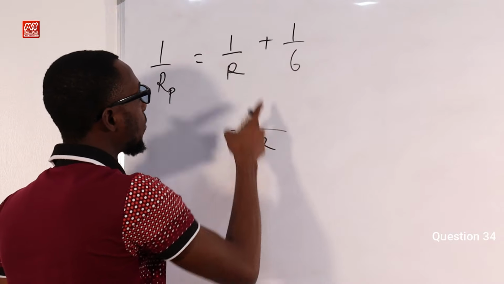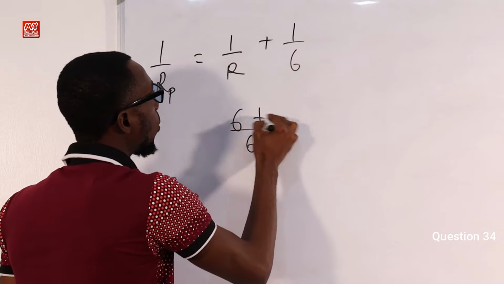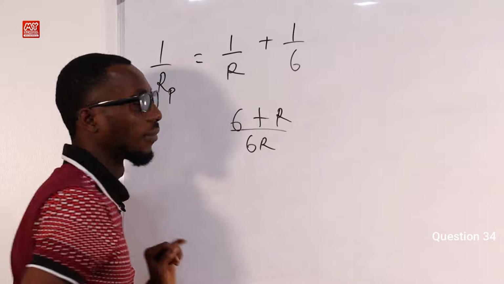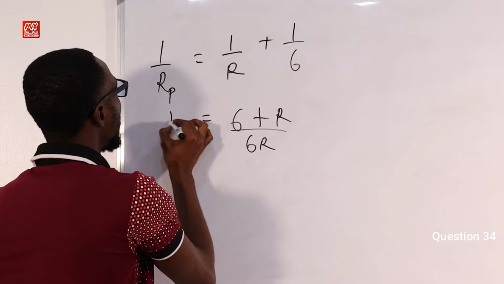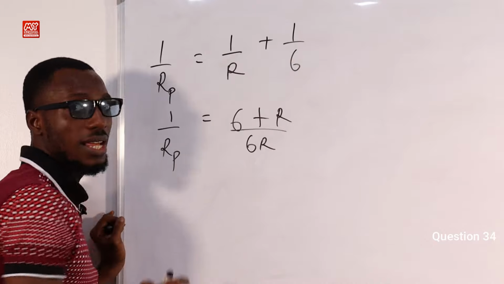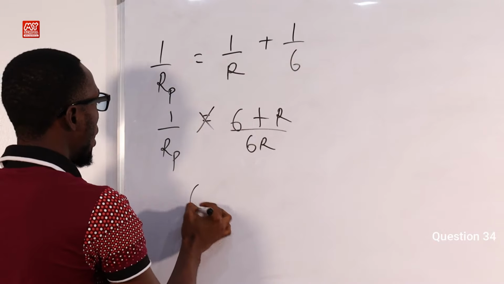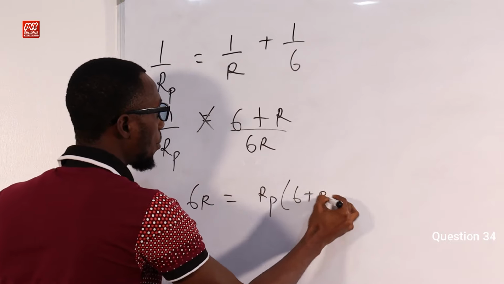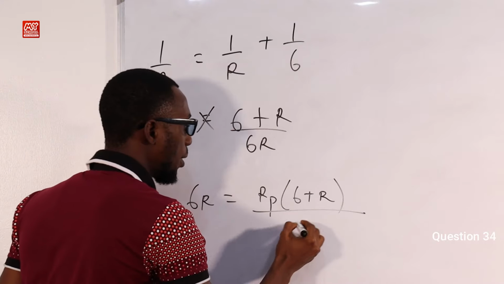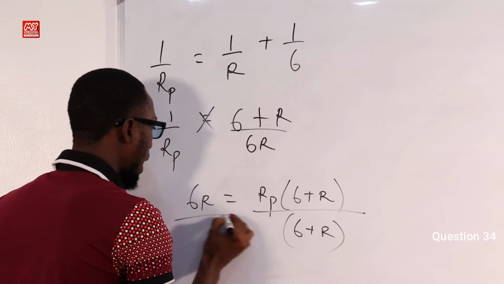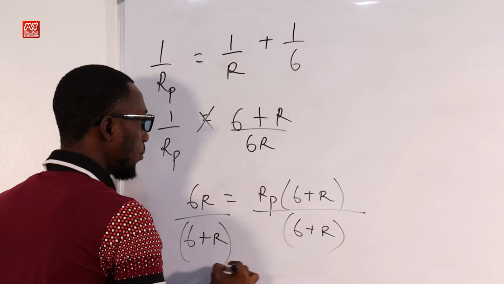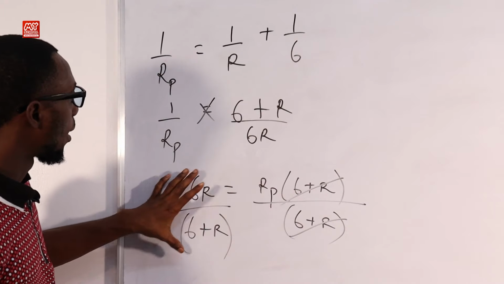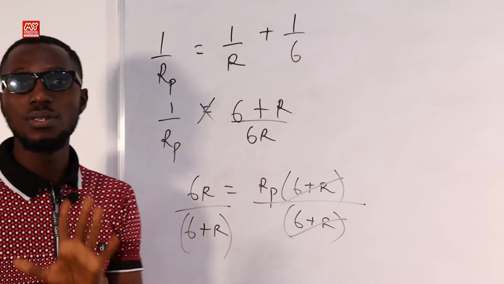R in 6R, we are left with 6 times 1, we have 6, plus 6 in 6R, we are left with R. R times 1, we have R. So this equals 1 over RP. When we cross multiply, we would have 6R equals RP times (6 plus R). So resistance in parallel will be, dividing both sides by 6 plus R, 6R over 6 plus R.